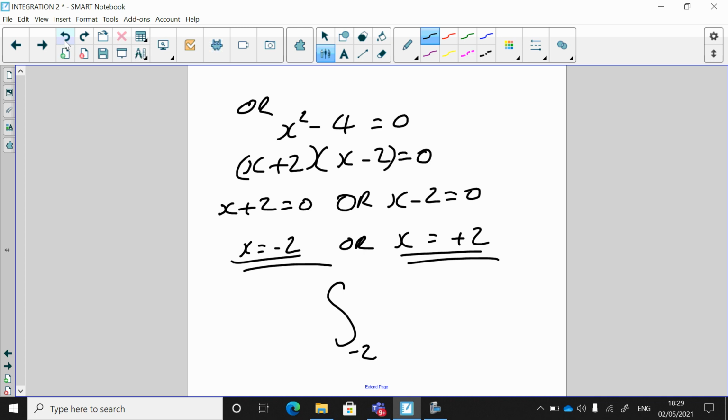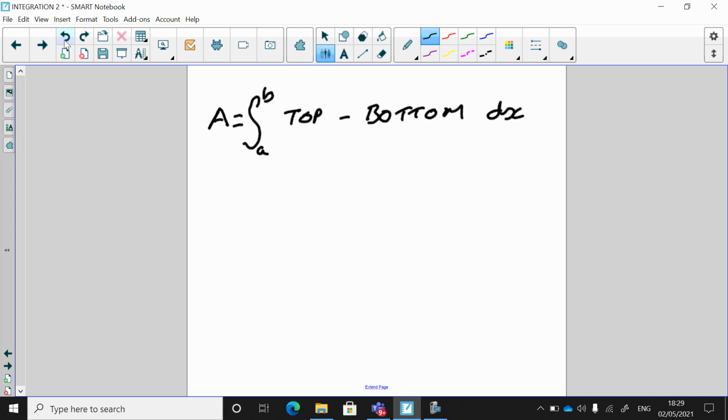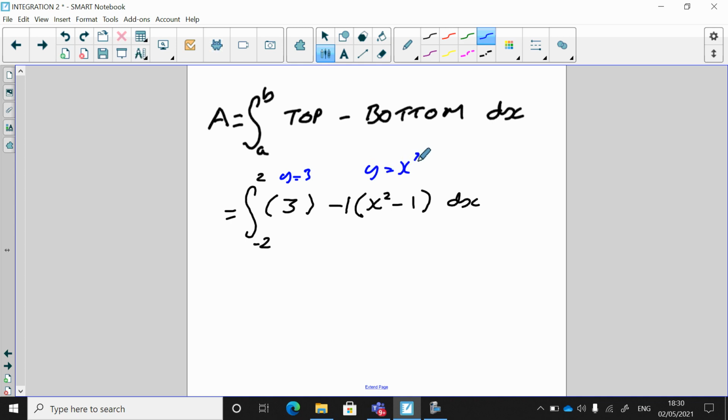Okay, in the next part. Right. So a to b, that's negative 2 to positive 2, top minus bottom, that's the two curves. Top minus bottom: remember y was equal to 3, and y equals x squared, take away 1. I've just put in that negative 1 there to emphasise it, because that's going to be multiplying that.